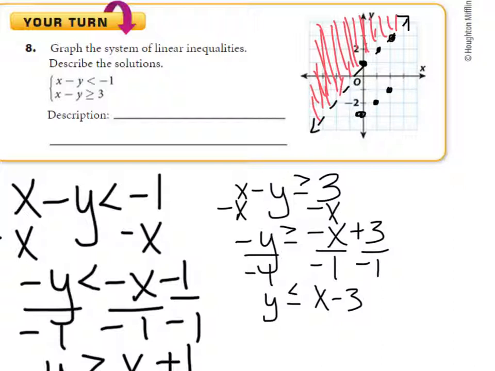It's got the equal to part, so this time we have a solid line. Now my inequality says less than or equal to, so we need to shade below the line. So since none of the regions overlap, this one did have no solution.